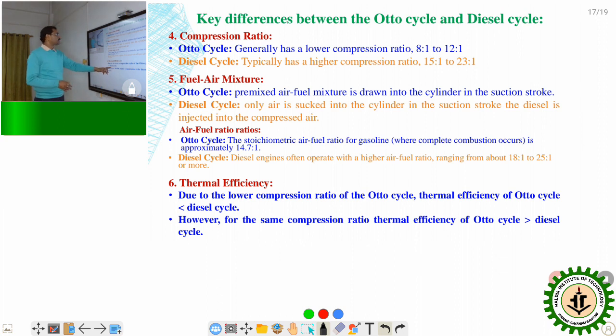What is the compression ratio? 8:1, which is less than 15:1. That's why thermal efficiency in Otto cycle is less than diesel cycle. But if we consider 8:1 in case of diesel also, that means if the compression ratio is the same, then the efficiency of Otto cycle will be greater than the diesel cycle. I already explained this in the previous slide.